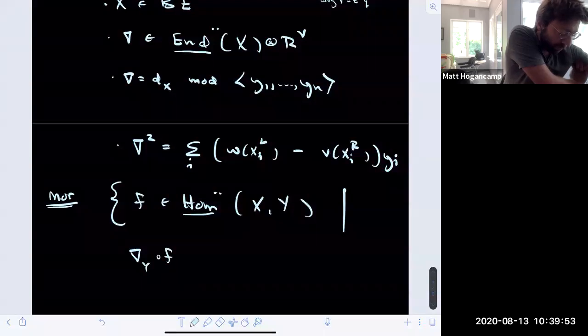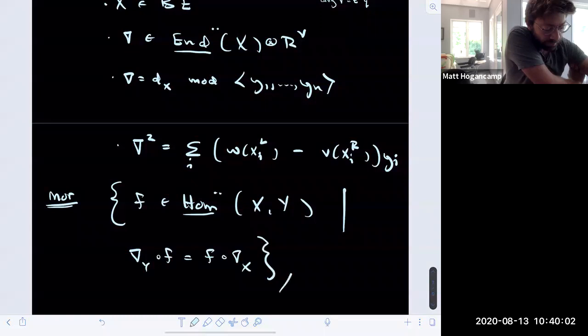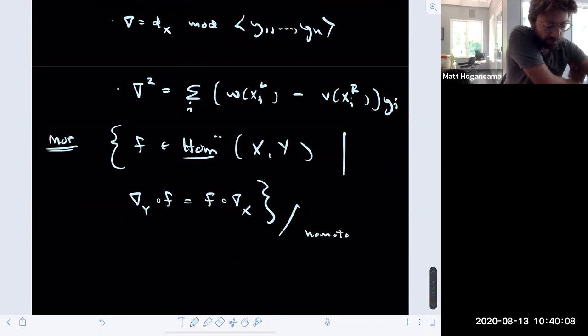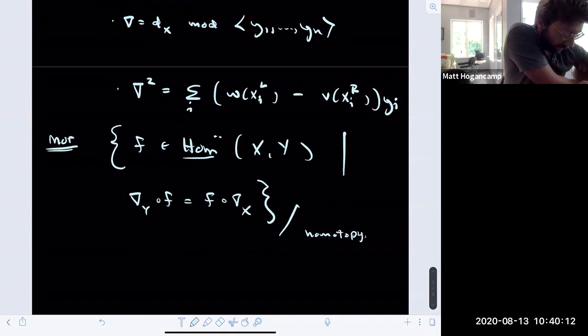So morphisms in this category are versions of chain maps. And we regard all these things modulo homotopy, where homotopy is defined in the usual sense with these new nabla differentials.